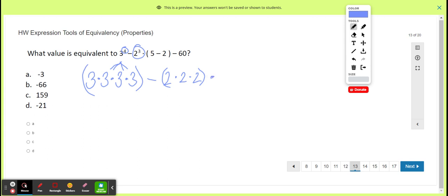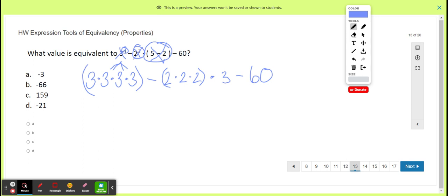And now we can start the order of operations. Inside the parentheses, 5 minus 2 is going to be 3, minus 60. So we're done with the parentheses. We've expanded both of the exponents.